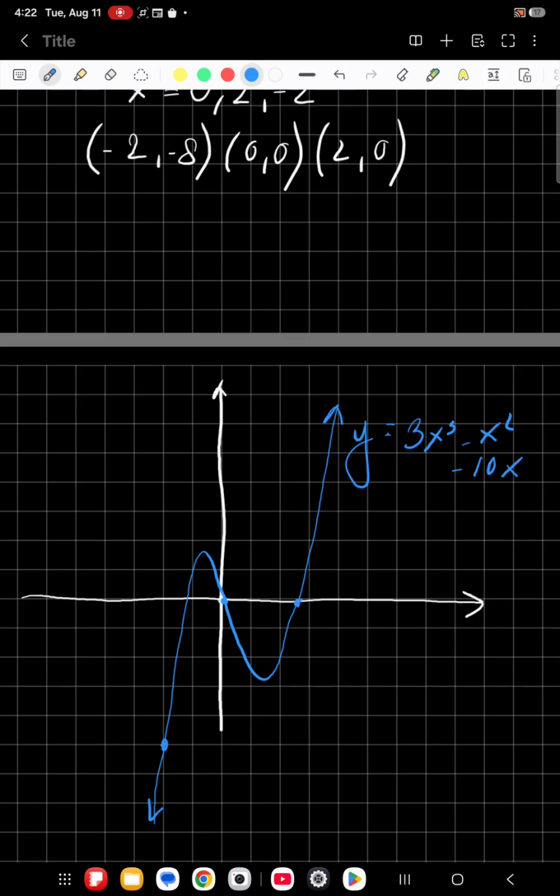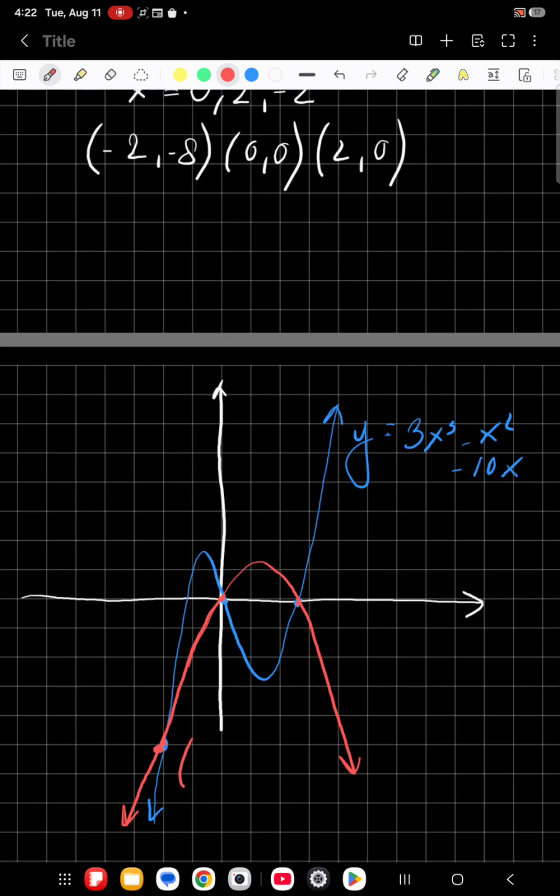That's the cubic function, and then we have a parabola. Let's make it red. It's supposed to go through the same 3 points, so I'll try to draw it as best as I can. That's the parabola, and it goes down through the point negative 2, negative 8.